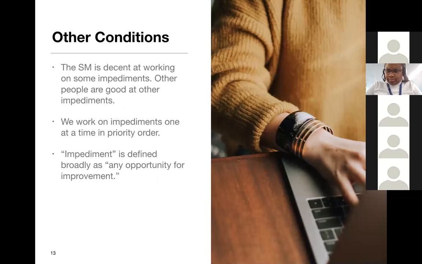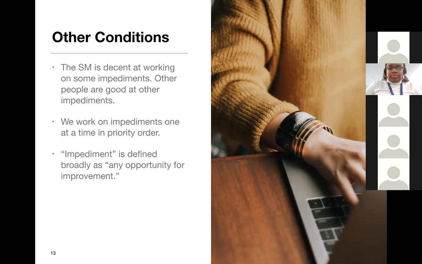Okay, next. Other conditions that are required. The Scrum Master, as we said before, needs to be a decent Scrum Master, and get help from others. They need to be good at, or reasonably decent at, working on certain impediments. Nobody's good at all the different kinds of impediments, and there's a wide range of them. So they need to also elicit or obtain the help of other people to work on those other kinds of impediments.